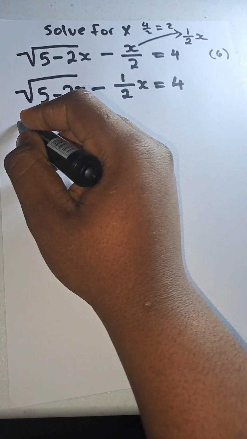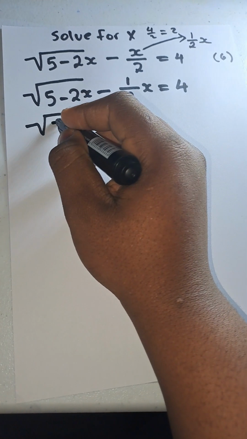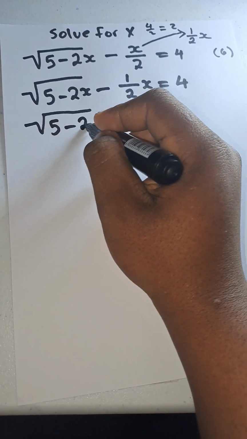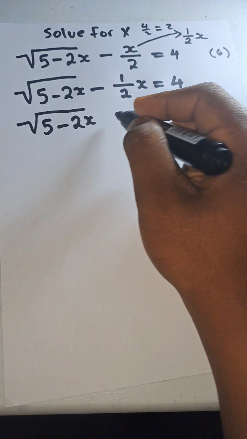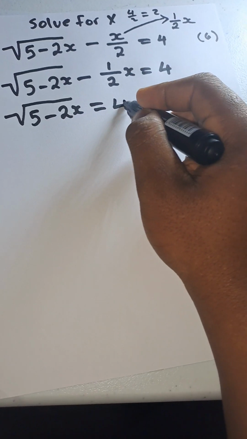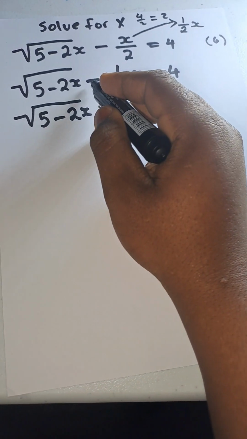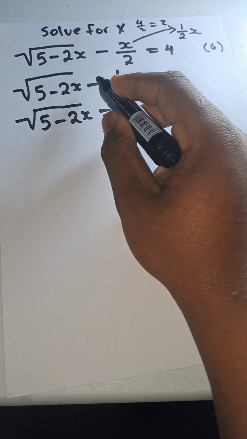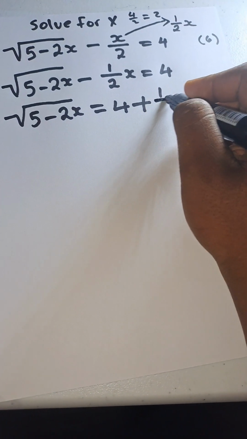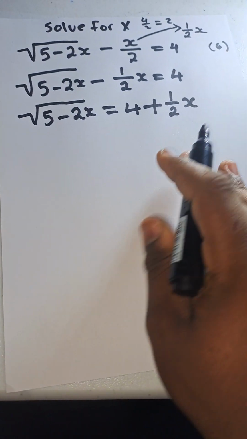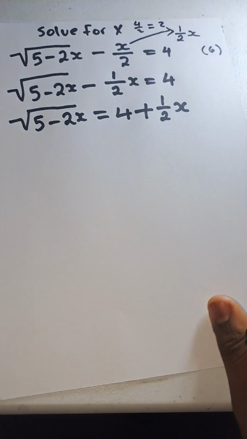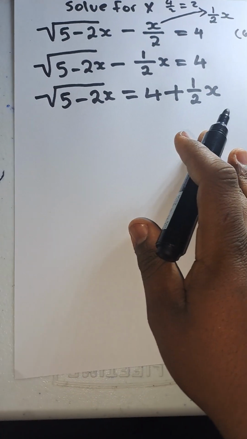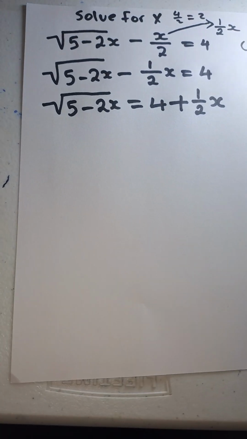The square root stays here, so I say the square root of 5 minus 2x equals 4 plus, remember this one changed the sign, plus 1 over 2 x. Then, since you know what you are dealing with, with the square root, we are going to square both sides.